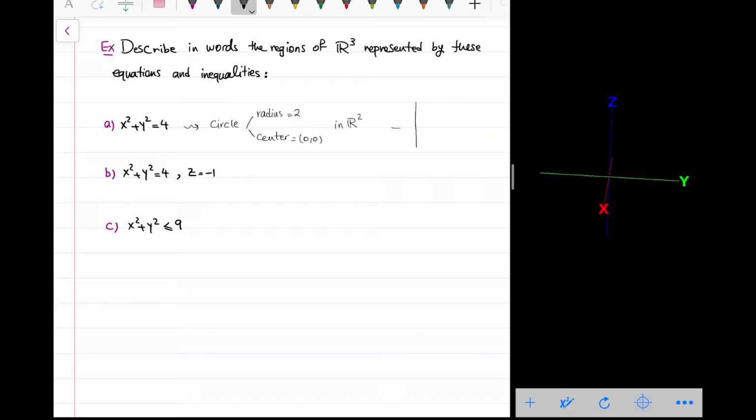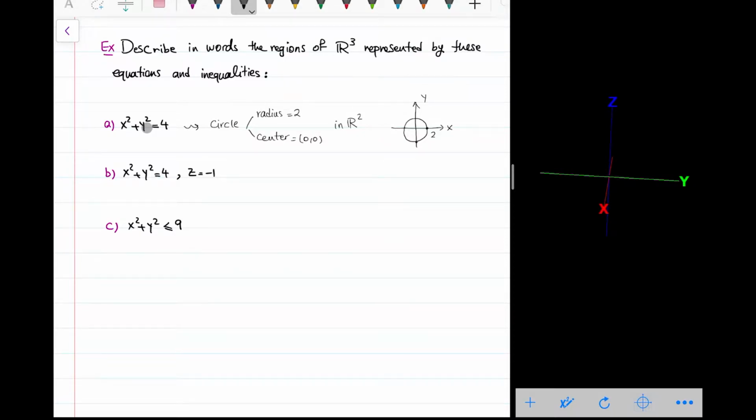In R2 we have x and y. But in R3 we have three coordinates, x, y, and z. In this equation z is free.